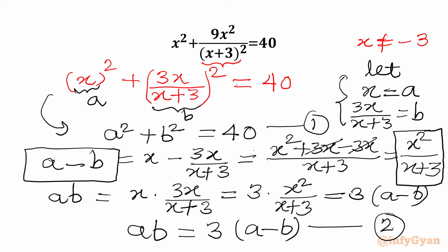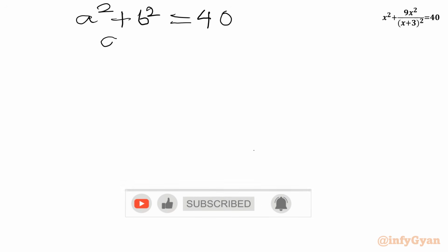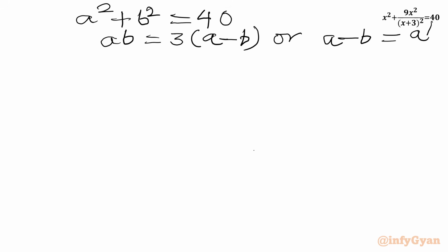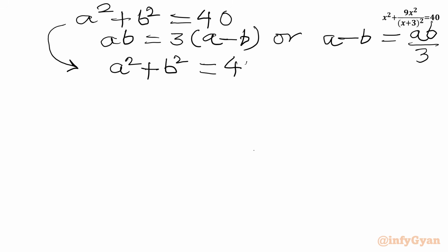Now we have to solve this new system of equations. Let me write a square plus b square equal to 40 and ab equal to 3 times a minus b. Or we can write a minus b equal to ab over 3. Now we will use our equation 1: a square plus b square equal to 40.